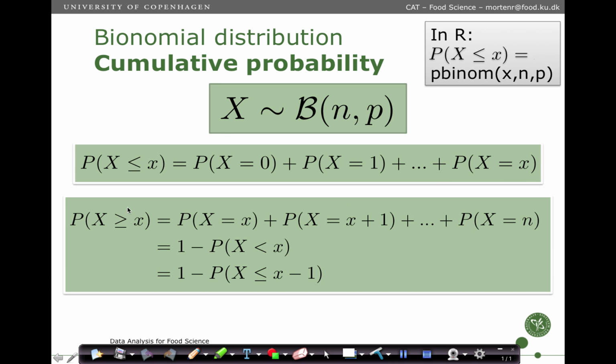If you want to answer the question, what is the probability of getting a value above a certain level x, it's the same, where you sum the point probabilities from that level up to n. You can turn this around: 1 minus the probability of observing less than or equal to x minus 1.